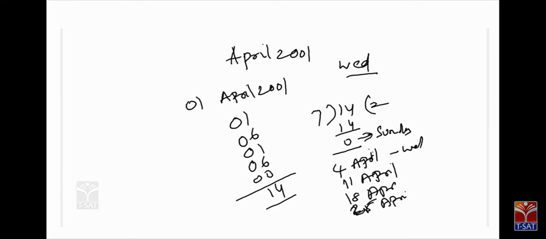And if you add 7 more it is 32, but there are only 31 days in April. So what are the Wednesdays in the month of April 2001? 4, 11, 18 and 25, correct.